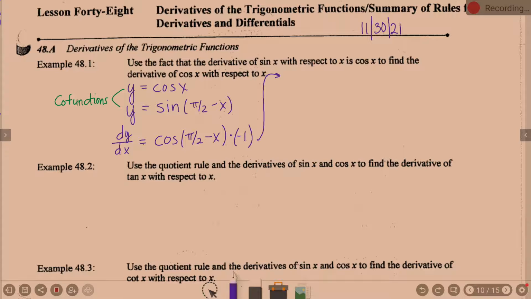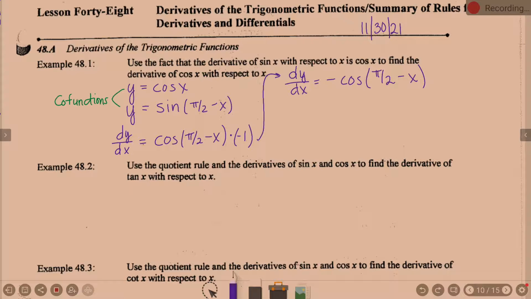Okay, so now, how do I want to do this? I think I'm going to rearrange this and just put that negative out front. So dy dx, if I move the negative out front, is negative cosine of pi over 2 minus x. Well, what do you know about cosine of pi over 2 minus x?